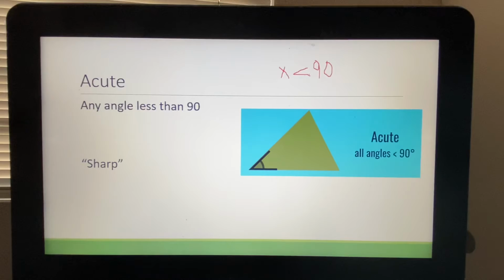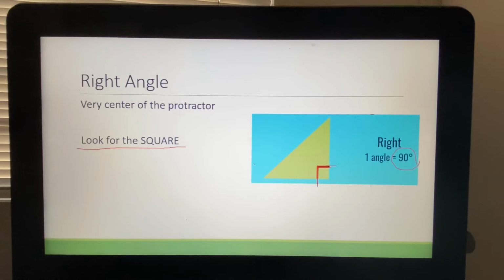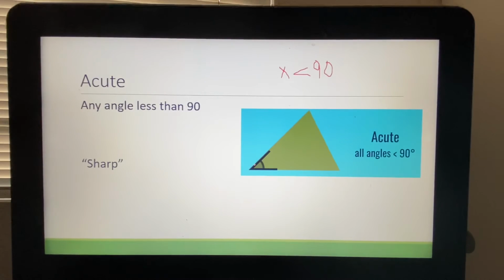If it's less than 90, it is an acute angle, and it is a Latin root for sharp. So if there's some sort of confusion during your questions, just remember, this looks much sharper than this right angle. So just remember, an acute angle is sharp, and any angle less than 90.